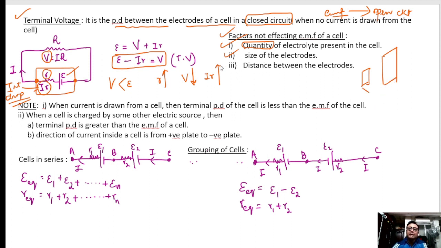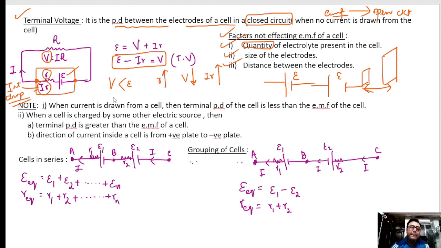Distance between the electrodes, that means the distance between the positive plate of a cell and the negative plate will not affect the EMF of a cell. So EMF here is this, and here will also be this. Clear?